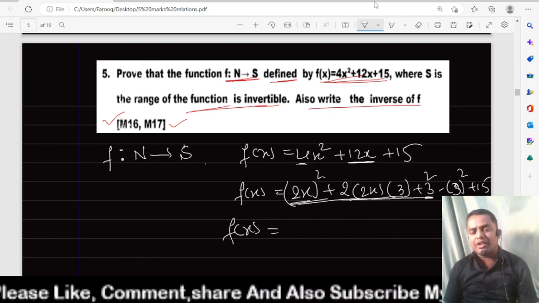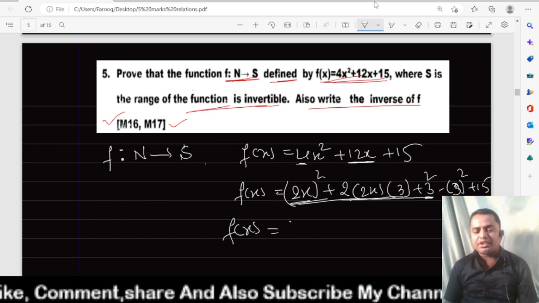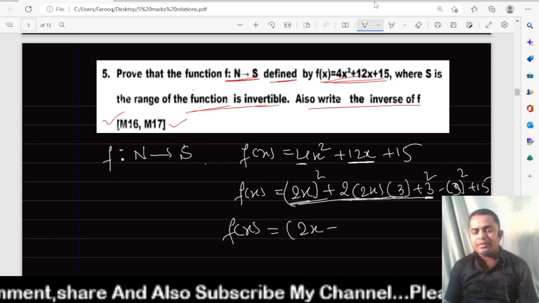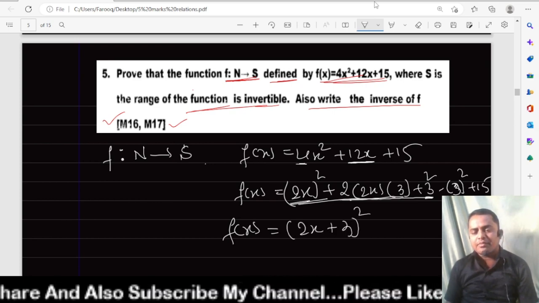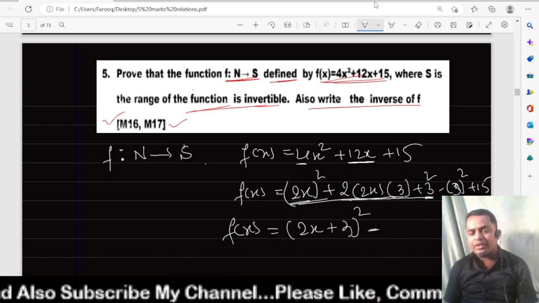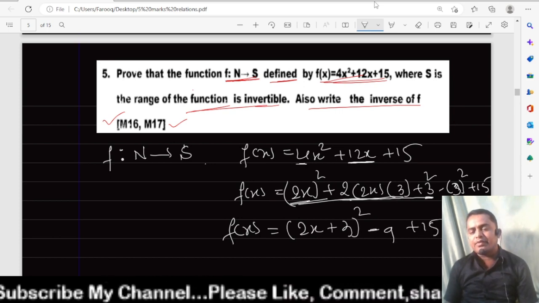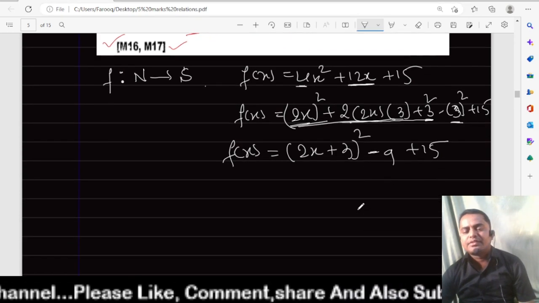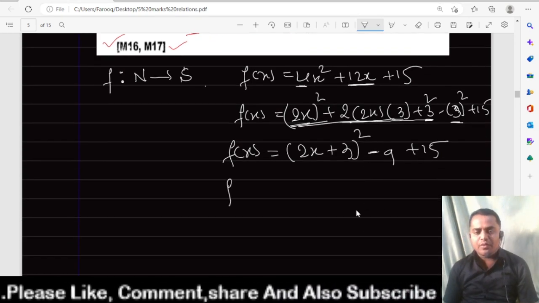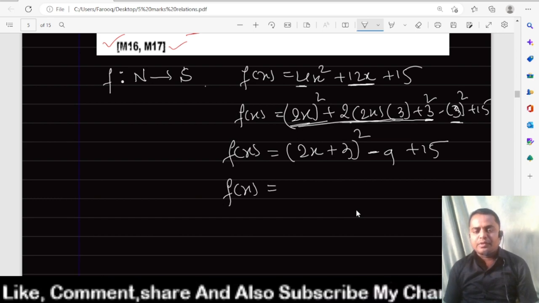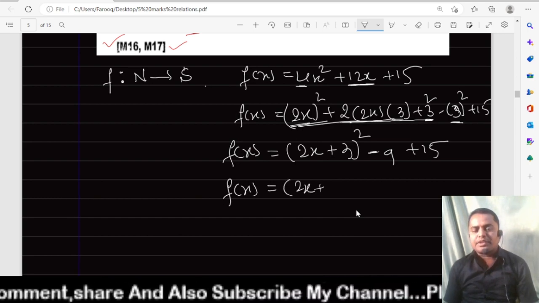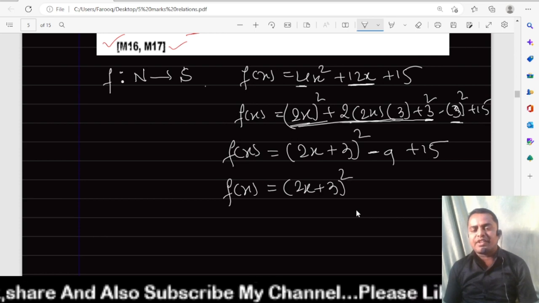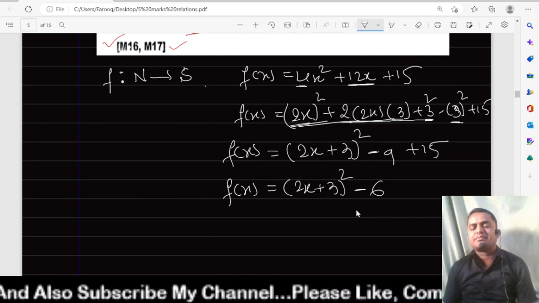Now f of x is equal to, this is exactly a square plus 2ab plus b square. Up to here it will be written in this manner: (2x plus 3) whole square minus 3 square, which means 9, plus 15. And f of x is equal to (2x plus 3) bracket square, 15 minus 9 is 6, plus 6.